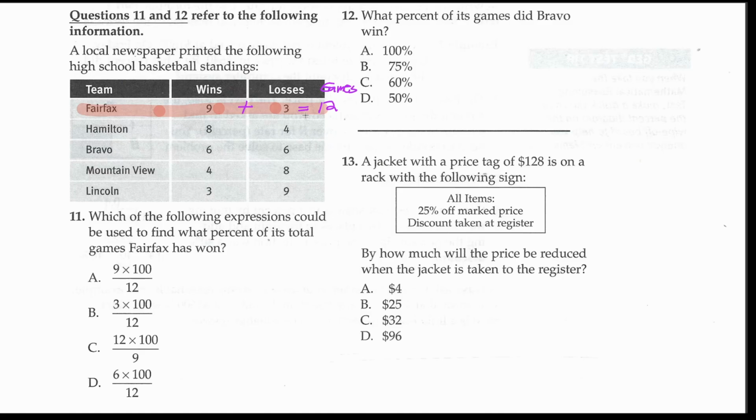So they played 12 games. Now go down to the question again. Which of the following expressions could be used to find what percent of its total games Fairfax has won? Okay, so for the information I just gave you, 9 plus 3 equals 12.